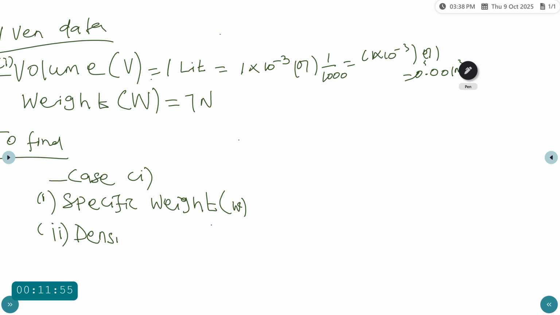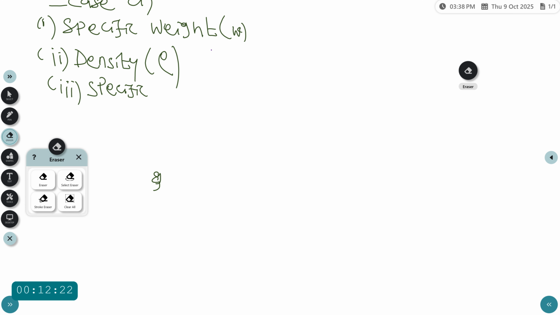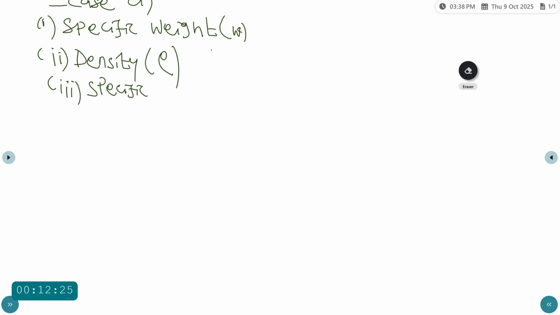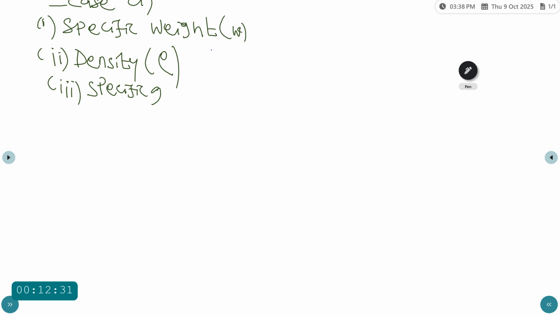Density is denoted as rho, and then we find specific gravity.